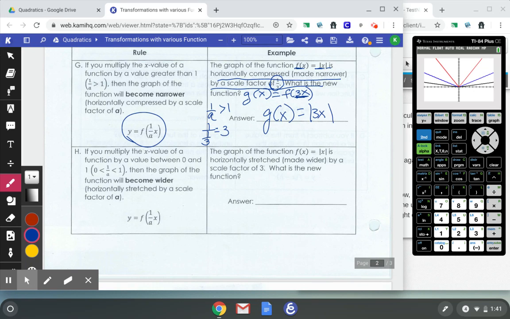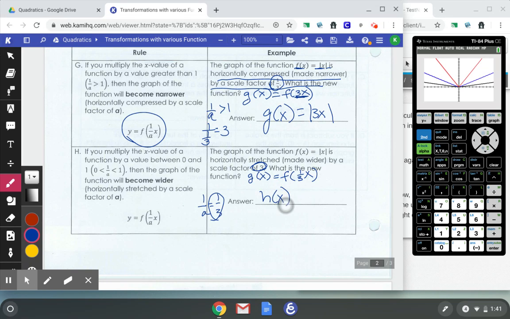All right, the next example, and this is also the one that I put in the calculator already. G of x will equal, and this time it's saying that your a value has to be greater than 0 but less than 1. Well, in this case, my scale factor is 3. So 1 over a equals 1 over 3 if a is 3. So I do have a number that is between 0 and 1. If I multiply my x by 1/3 first, what happens? It gets wider.